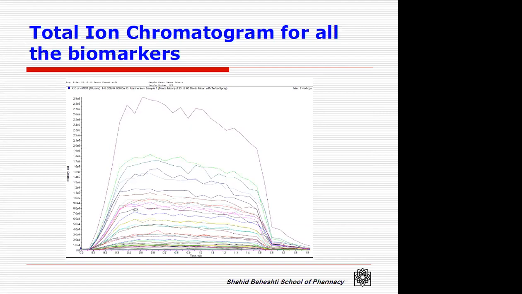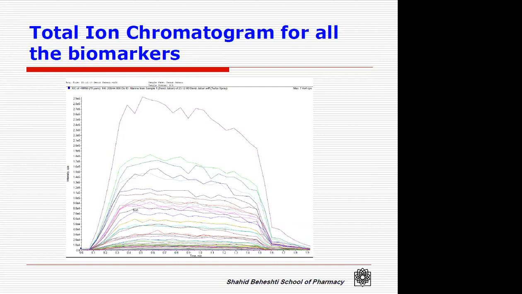So what we get is 52 graphs. Each graph represents the natural biomarker and its labeled biomarker. And since they have different transitions, we get separate signals for the labeled one and the natural one.